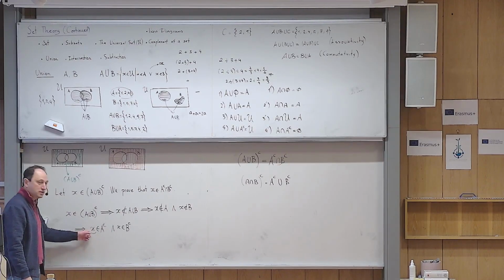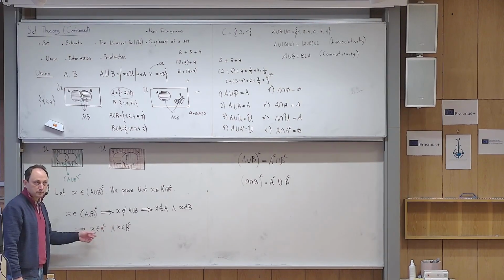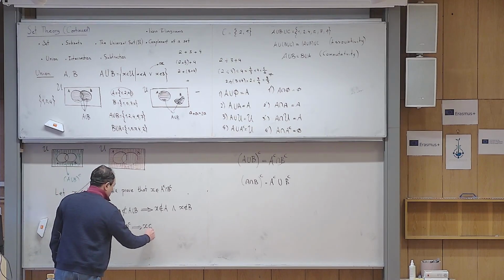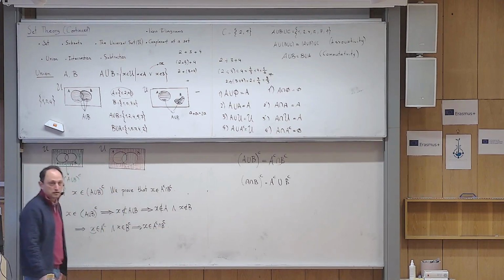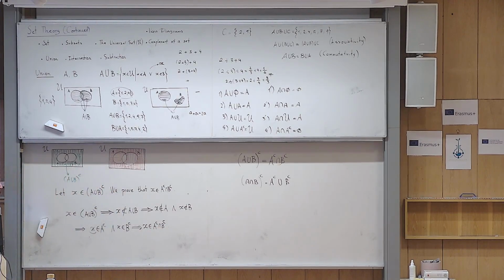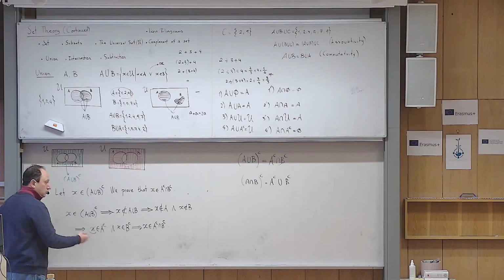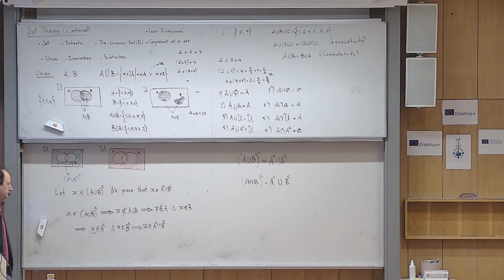So it means X is an element in the overlap. So what does it mean? It means X lives where? X belongs to the intersection of them. X is an element which is in both of them. According to the definition of intersection, definitely X lives in the intersection of them.